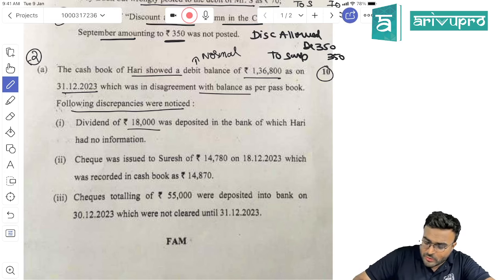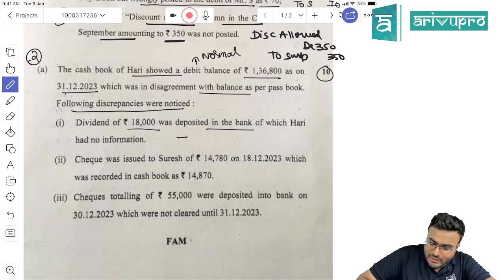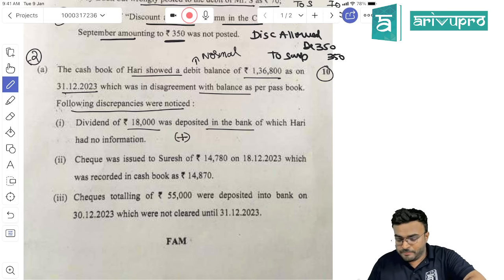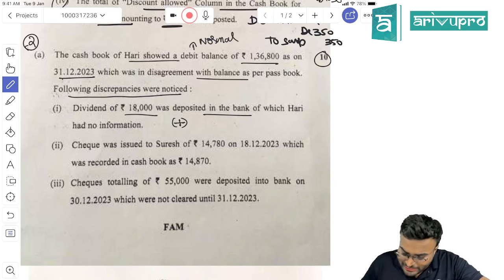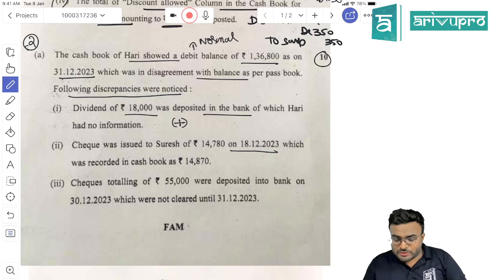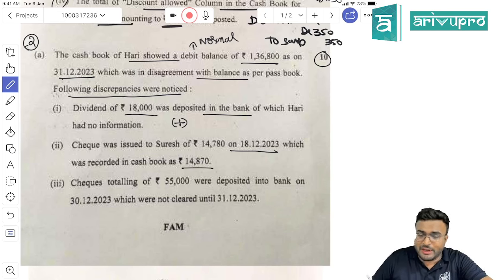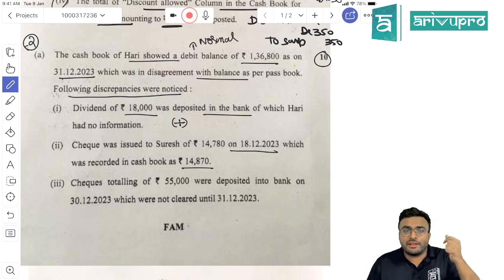Dividend of 18,000 was deposited in the bank, which Hari had no information. It is deposited in the bank. You have not passed the entry. So this will be plus. Clear? Check was issued to Suresh 14,780 on 18/12/2023, which was recorded in the cash book as 14,870. What is the check that you have issued? 14,780.